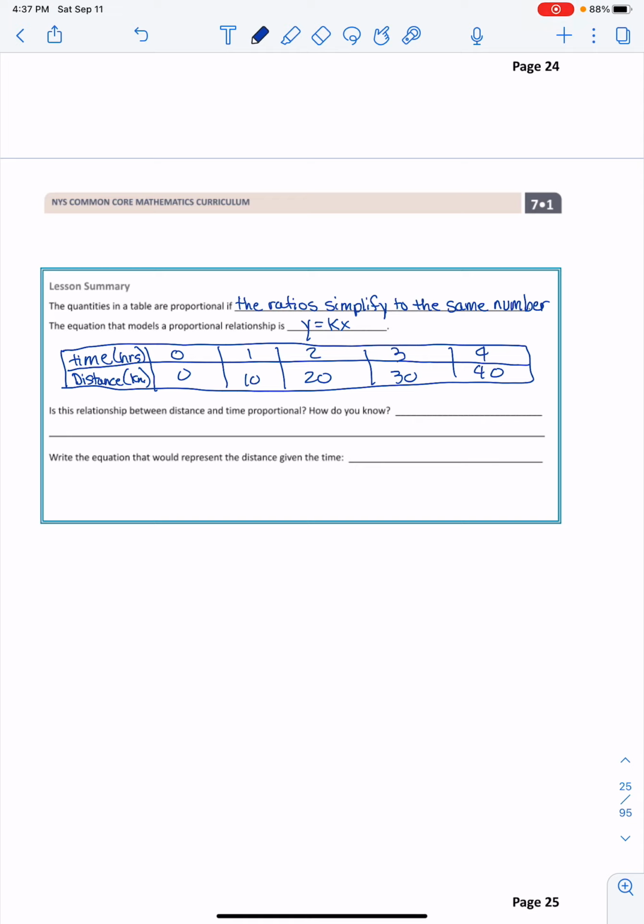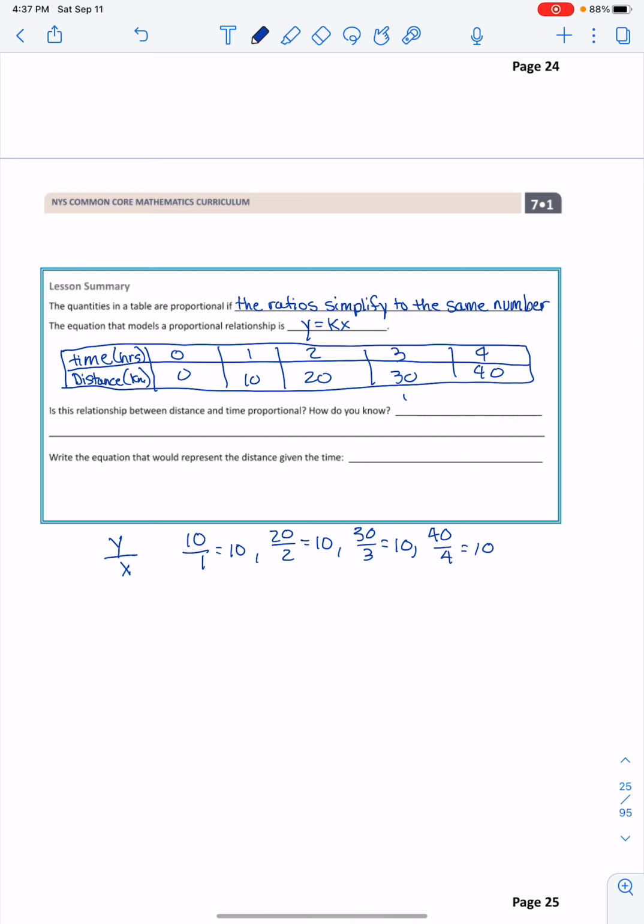So now it says, is this relationship between distance and time proportional? So by checking this out, y over x, so 10 over 1 equals 10, 20 over 2 equals 10, 30 over 3 equals 10, 40 over 4 equals 10.